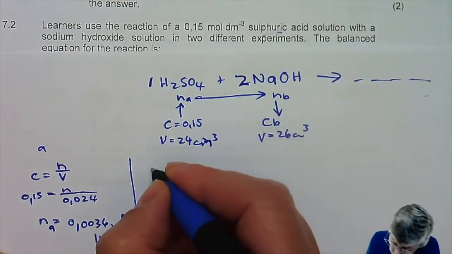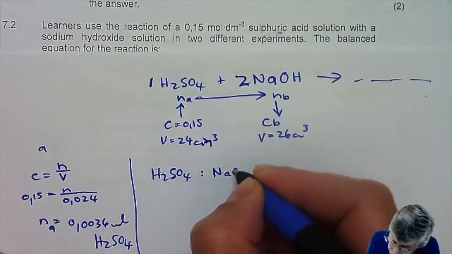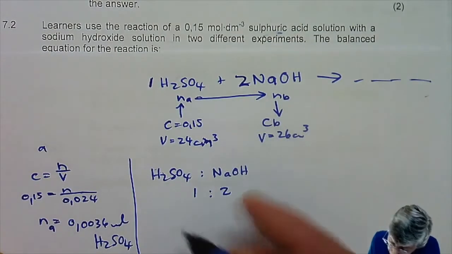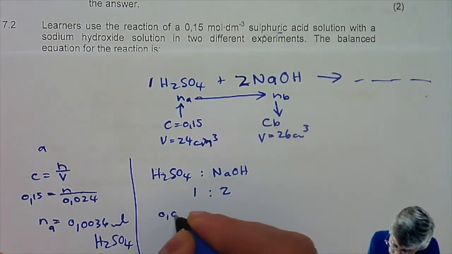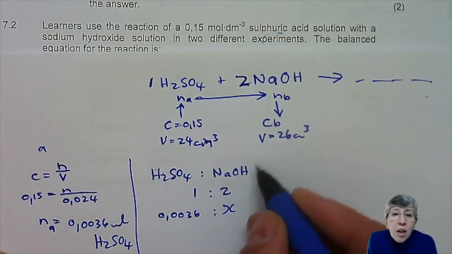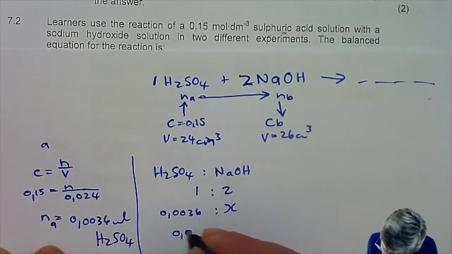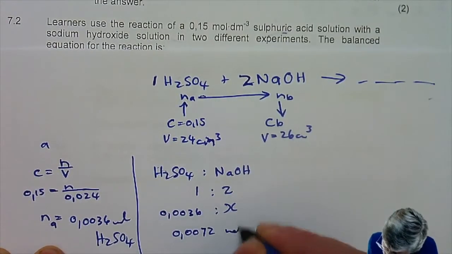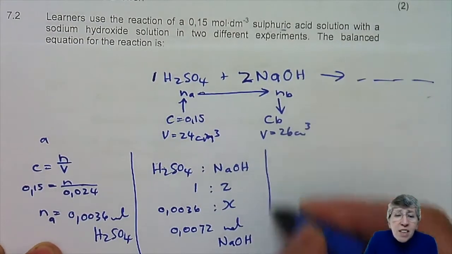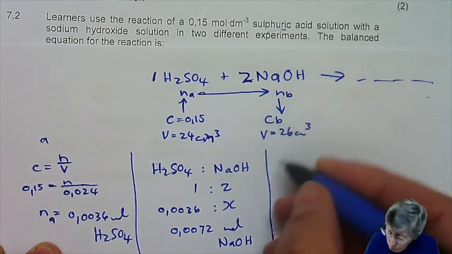Next up, we can move from that moles to that moles. So I can go from H2SO4 to NaOH. I know they always react 1 mole of this with 2 moles of that. So if I've got 0.0036 moles of that, how much of that will be reacting? Double that, so 0.0072 moles of NaOH. Right? And then I can say, now I've got the moles of base, I want the concentration.